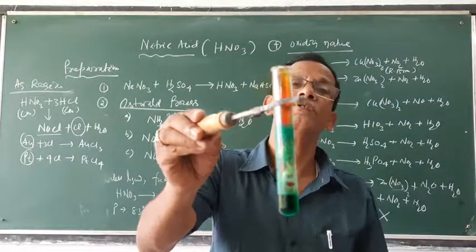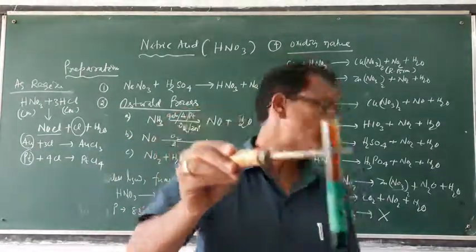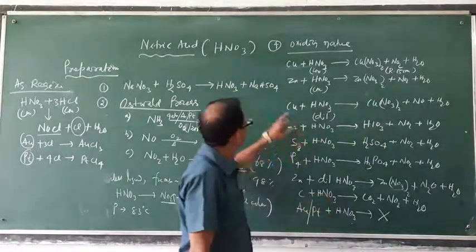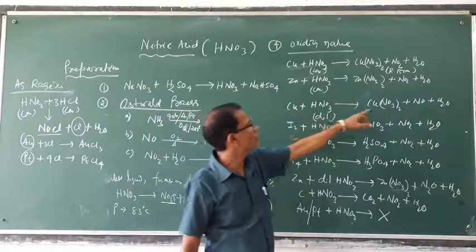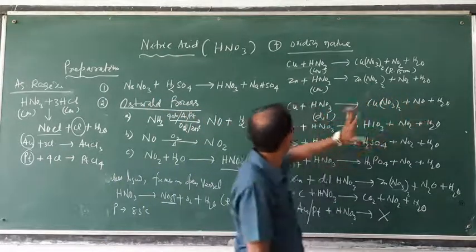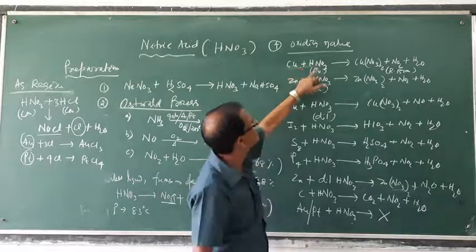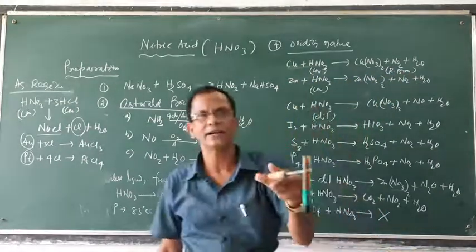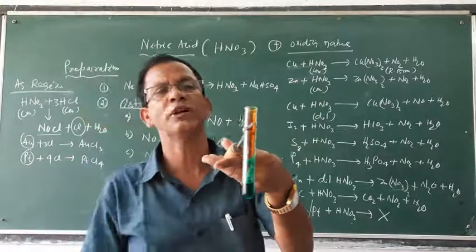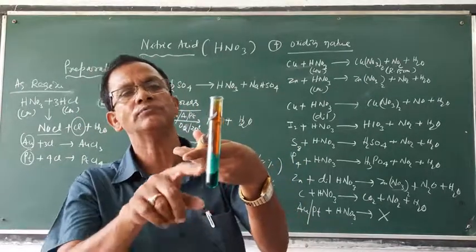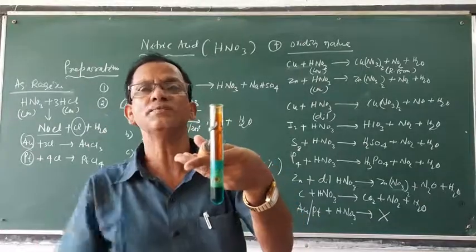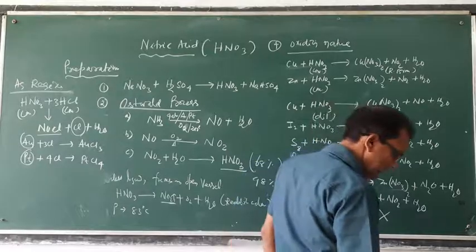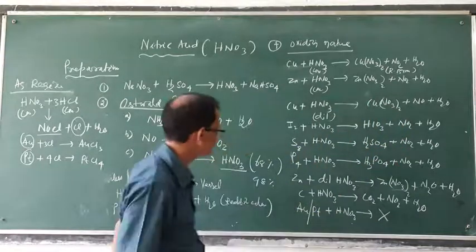So copper reacts with concentrated nitric acid to produce copper nitrate, NO2 gas and water. The solution of copper nitrate becomes deep blue color, and the reddish brown fumes are NO2 gas. So this is one reaction of copper with nitric acid.